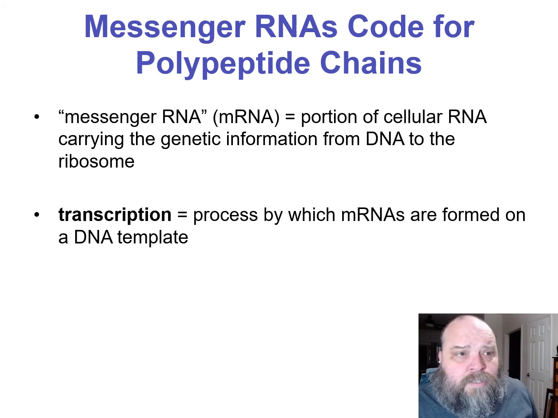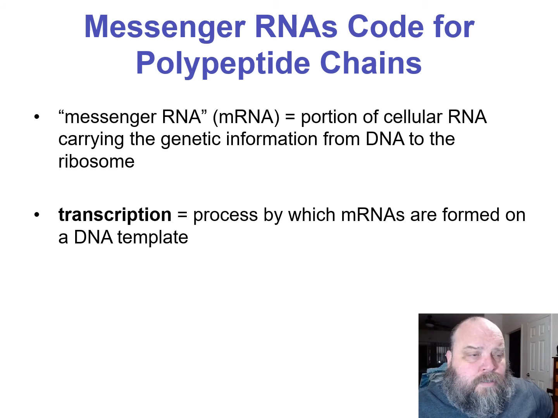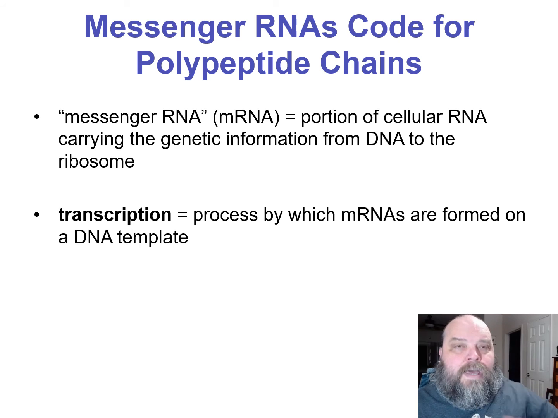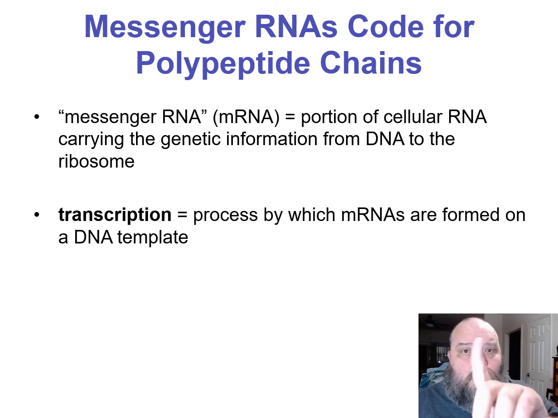Well, you can check out and try to haul around that 10,000 page book, or you can go find the nearest Xerox machine and make a copy of the 1 page of information you need. Leave the book, take the 1 page. That's what messenger RNA is. It's a copy of that one out of the 10,000 plus genes we have in our chromosomes.